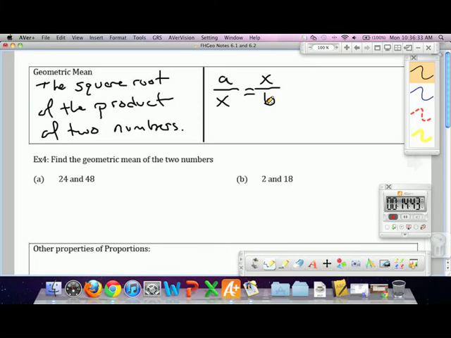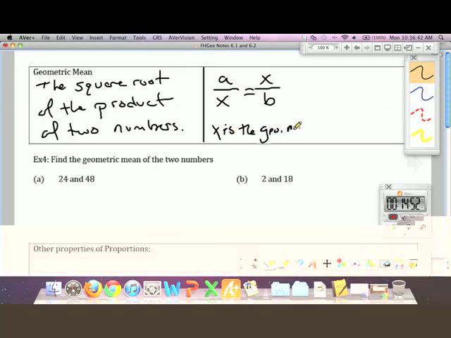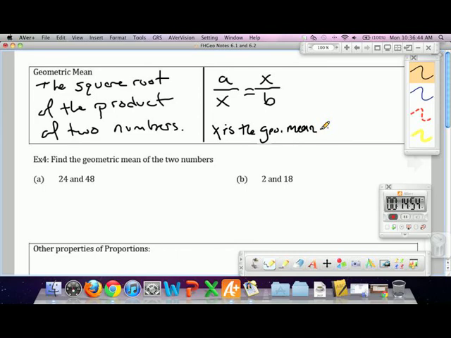So if x is the geometric mean of a and b, then we take one of the numbers divided by x, equal to x divided by the other number. Okay?